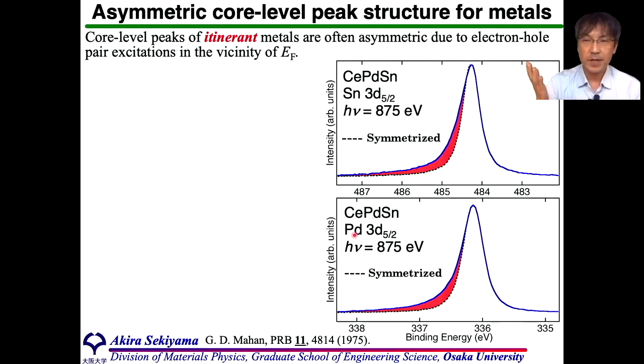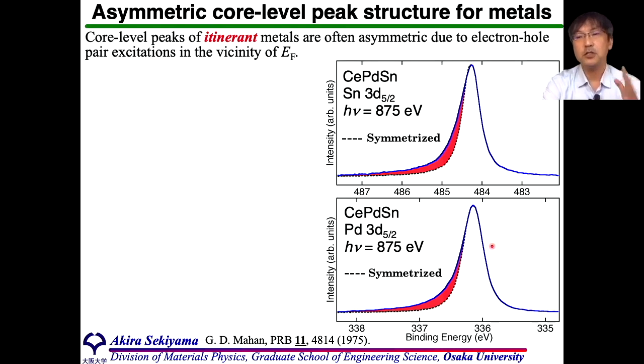I will briefly explain the asymmetric core-level photoemission peak structure for metals, which is rather independent of the electron correlation effect. When we measure the core-level photoemission spectra of metallic materials, so-called asymmetric peak structures are seen, as shown in this figure.